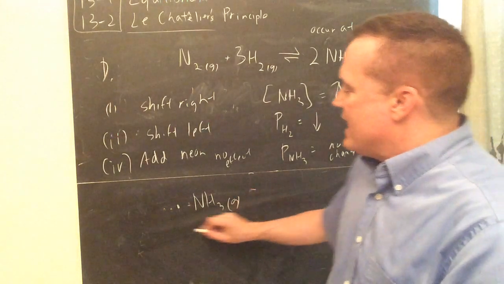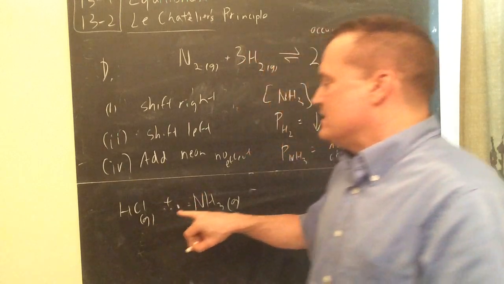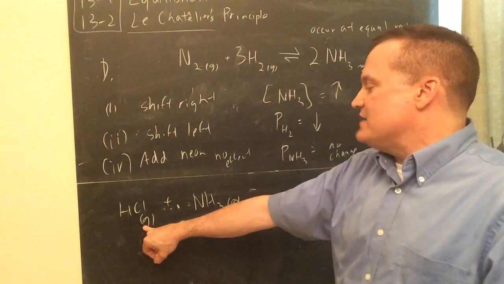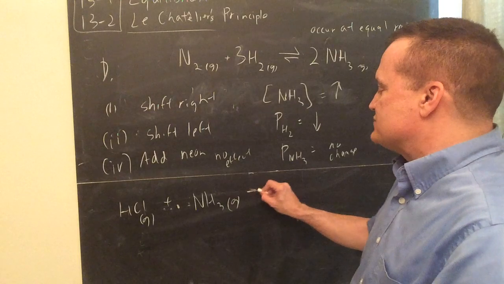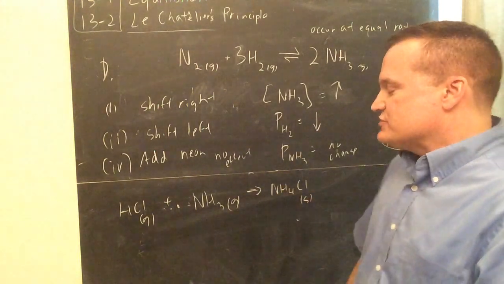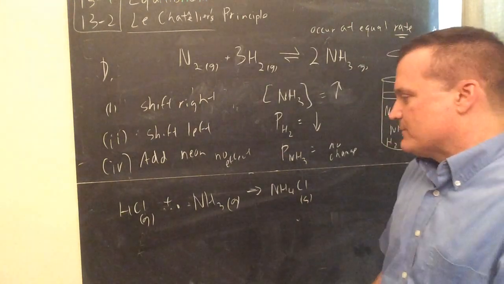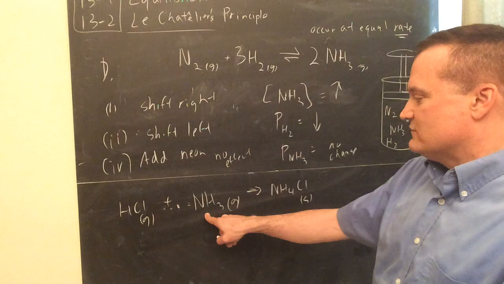If I were to add hydrogen chloride gas, now this is not hydrochloric acid, but HCl gas, it reacts with NH3 to make a solid of ammonium chloride. Now, you should actually know that. You need to. It's not bad to memorize that reaction.